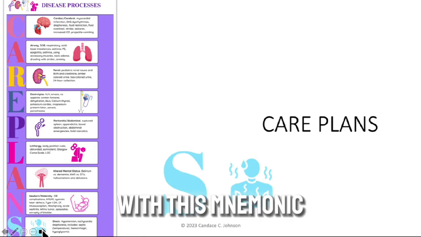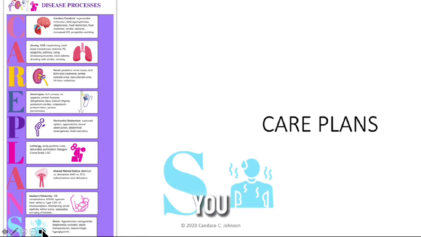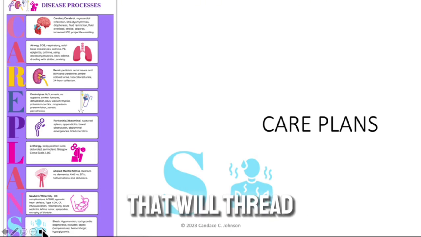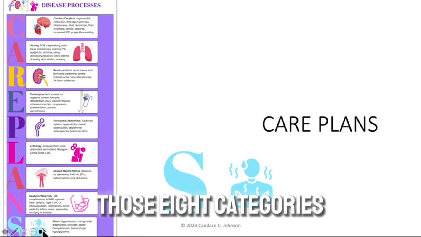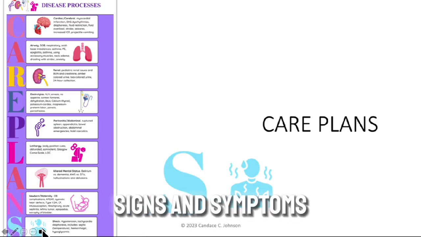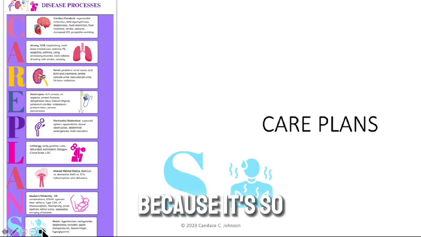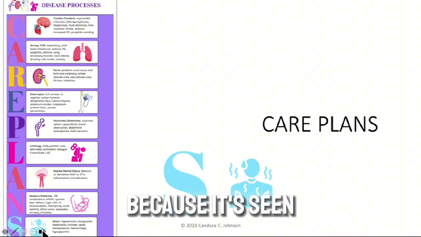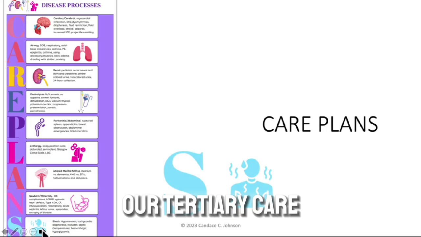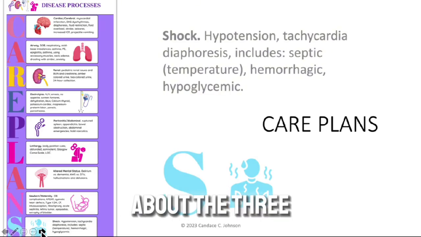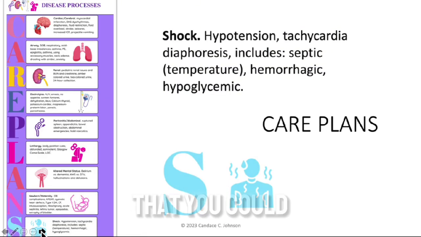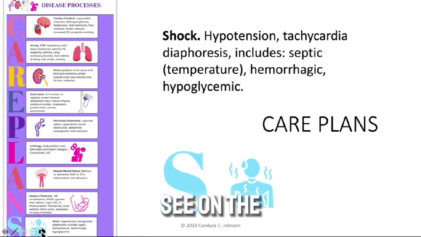So I'm trying with this mnemonic to share with you critical components that will thread throughout each of those 8 categories. And if you don't know the signs and symptoms of shock, you may not pass the NCLEX because it's so important, because it's seen so often in our tertiary care setting. So let's talk about the 3 types of shock that you could see on the NCLEX.